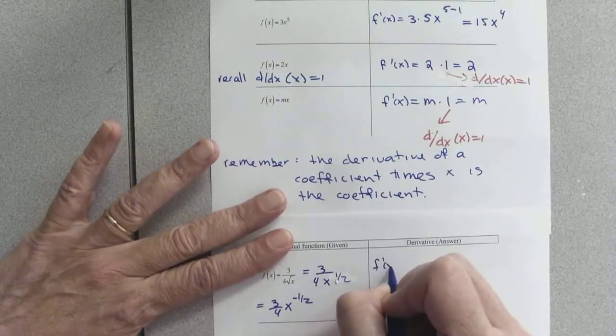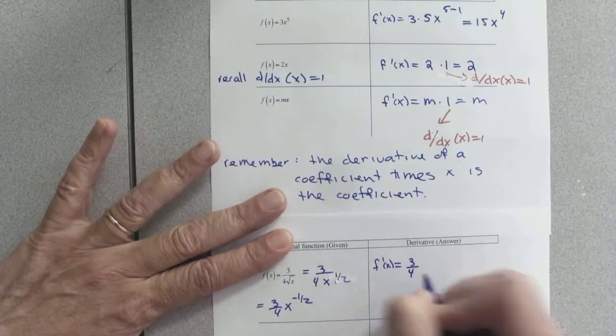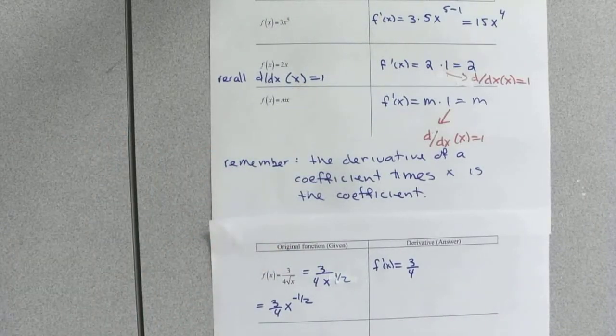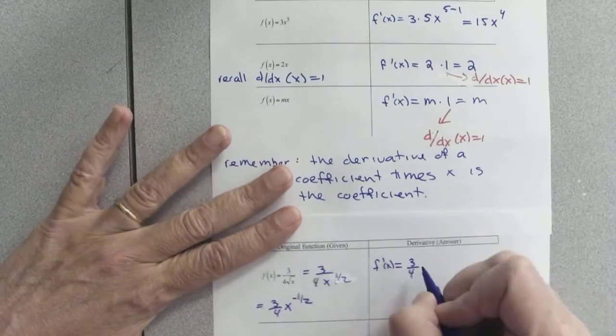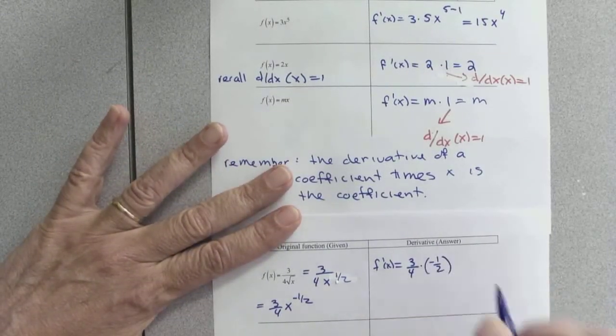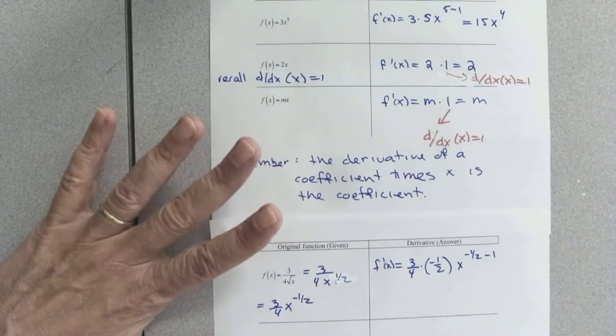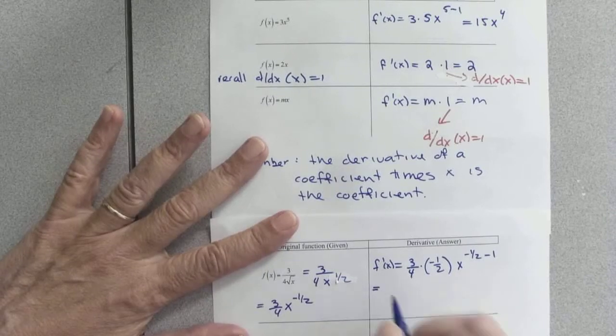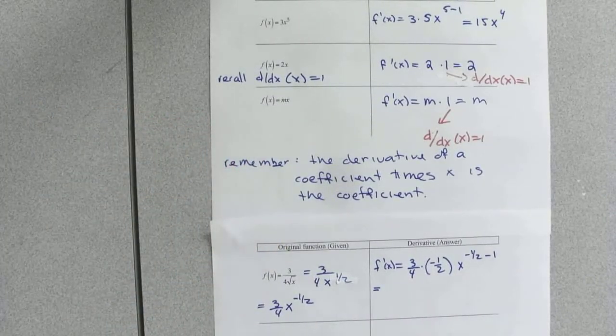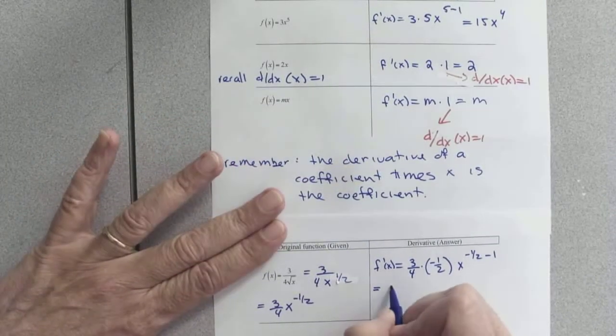So now the derivative. The 3/4 is just a coefficient. It just stays there. You don't really have to worry about coefficients. Just write them down. Now deal with the x to the 1/2. Multiply by the exponent. Decrease the exponent by 1. And then let's make it look as close as possible to the original problem.